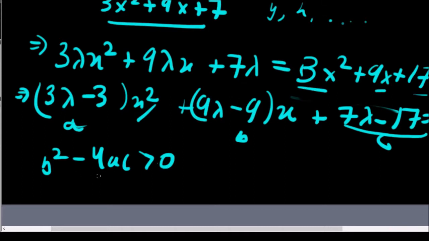So why am I actually solving this inequality? The answer is to solve the question. Because if I plug in values for b, a, and c here, where each is an expression in lambda, I'll get a quadratic inequality in lambda.